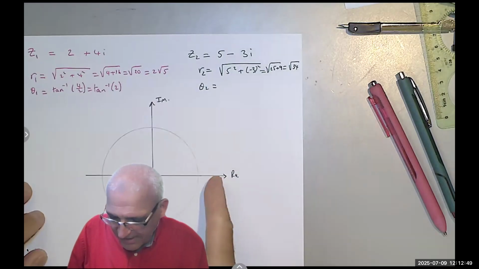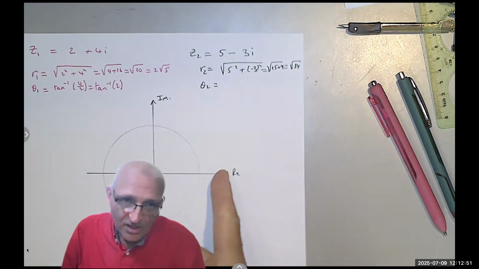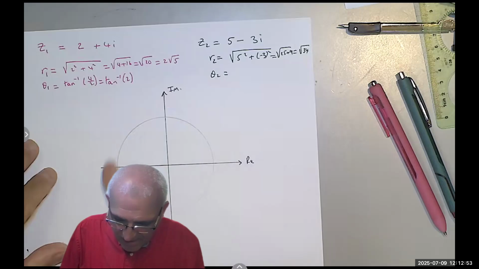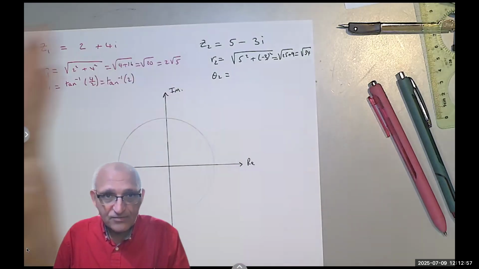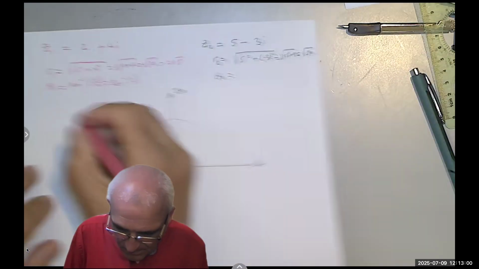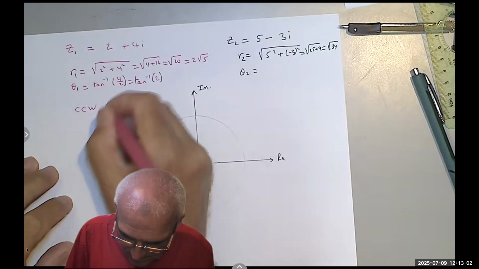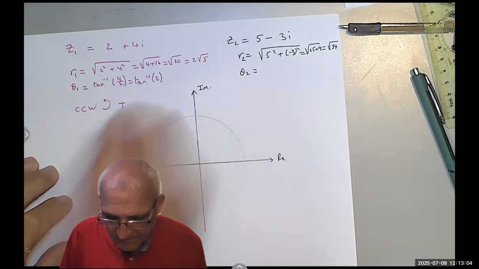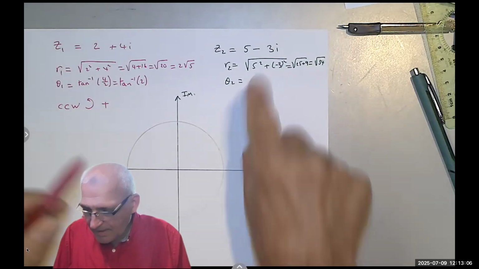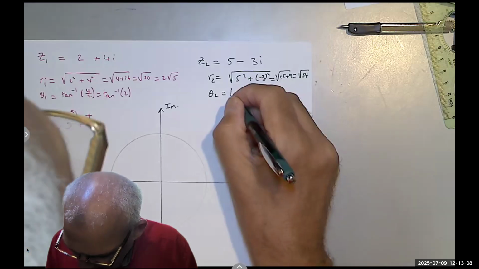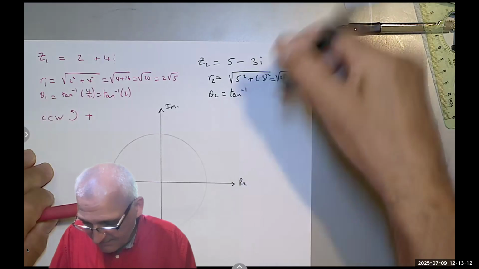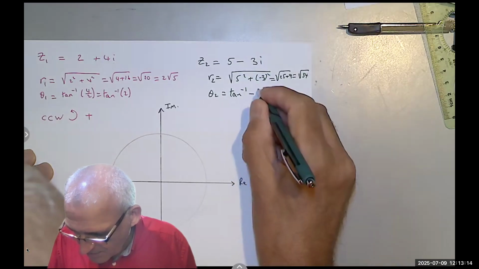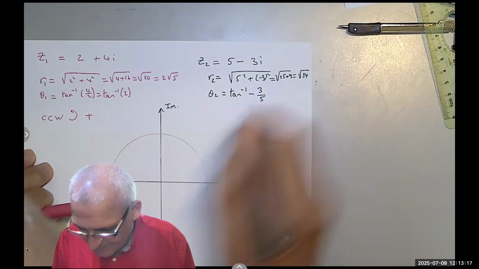That's how we count: 0, 90, 180, 270. For Z2, this is the arctan of the y, which is negative, over the x, which is positive.